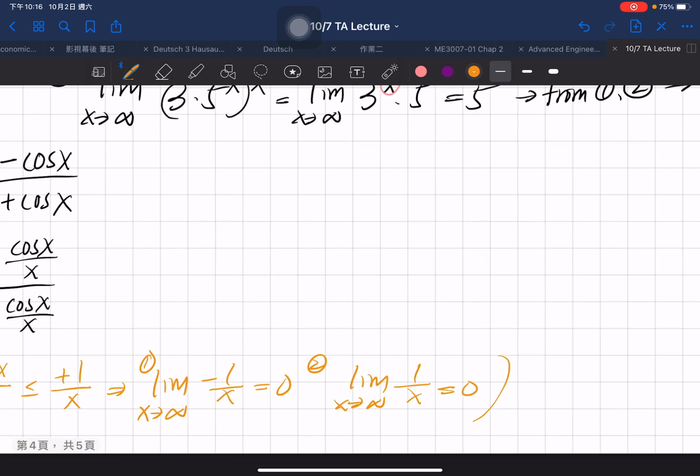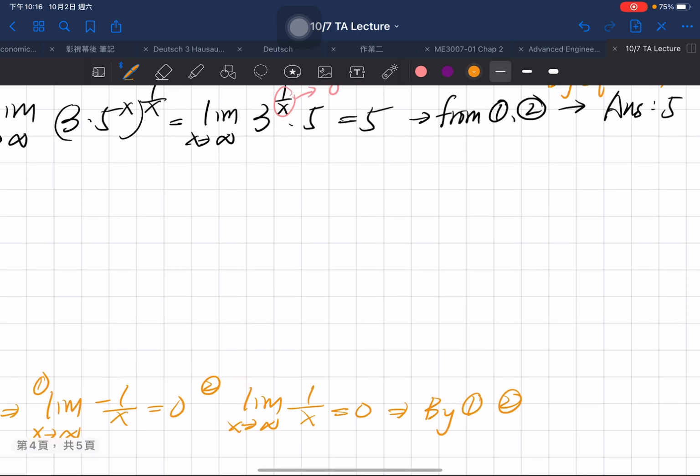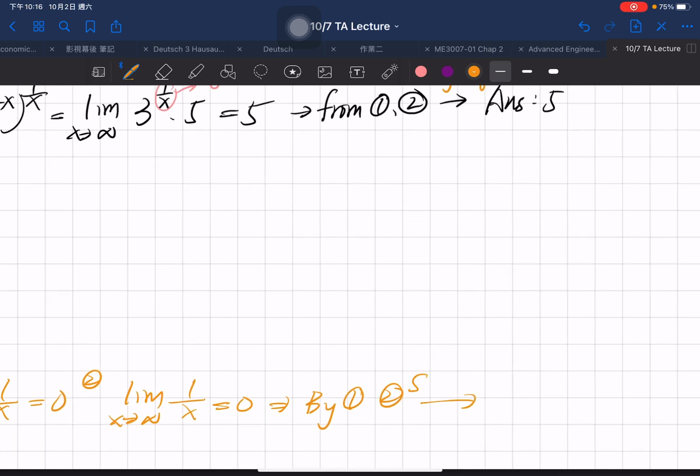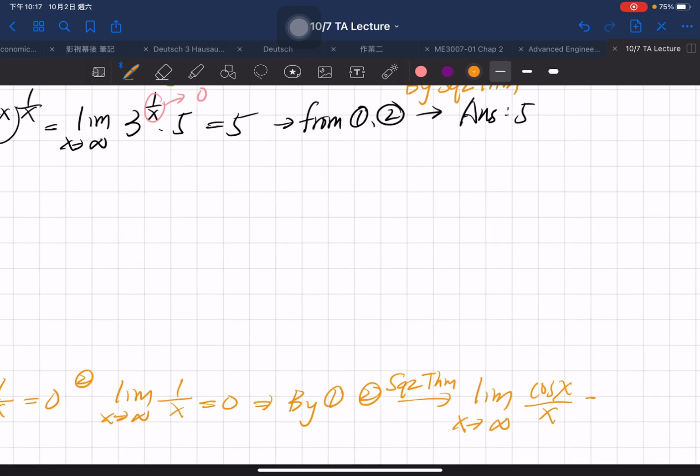Okay, so we know that by 1 and 2, and using squeeze theorem, the limit of cosine x over x when x approaches infinity is 0.